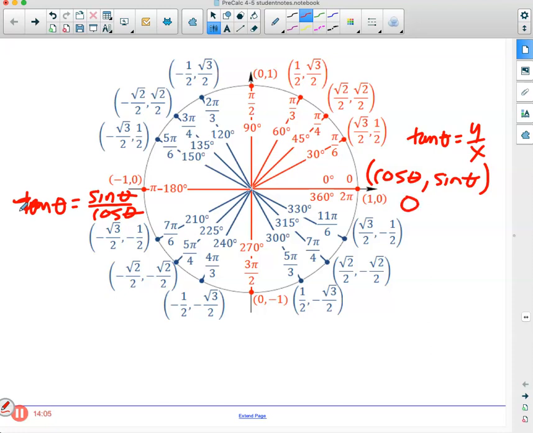So tangent is going to be 0 at 0 degrees. Another nice one that pops up halfway, square root of 2 over 2 divided by square root of 2 over 2, that's 1. That'd be nice to graph for tangent. But when I get to pi over 2, I'll have 1 divided by 0. Uh-oh, that's new. We have to put undefined.